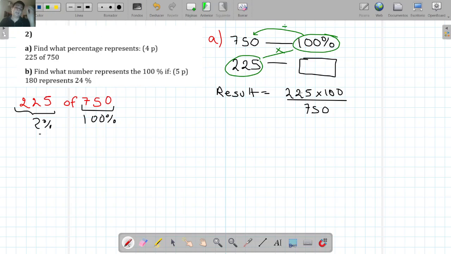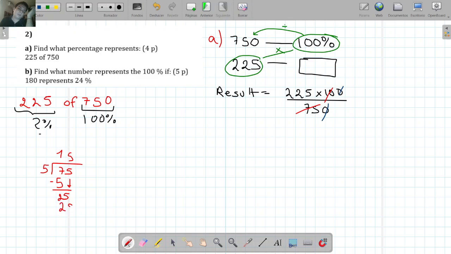You may see we can simplify here the 0 and the 0, but also you can simplify it by 5. We can divide 75 by 5 and 10 by 5. We can do an auxiliary operation to divide 75 by 5.